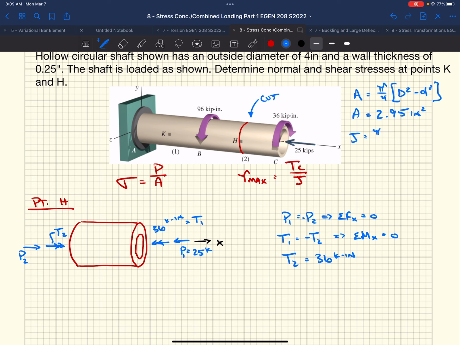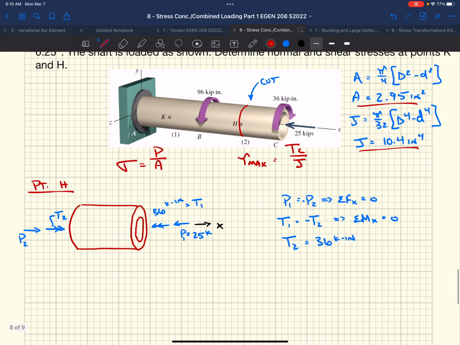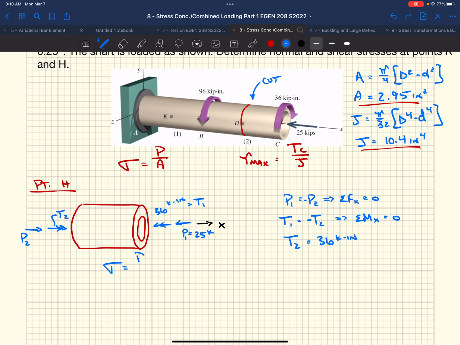J, well, it's pi over 32, D to the fourth minus little d to the fourth. J is 10.4 inches to the fourth. And obviously C is the maximum radius. It's a 4-inch pipe, so that's going to be 4 divided by 2, or 2 inches. So we can start by just plugging and chugging all these out.